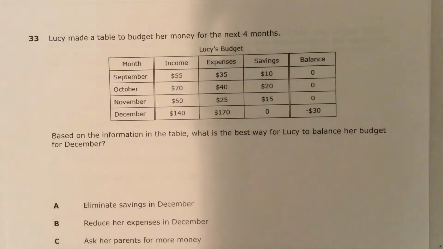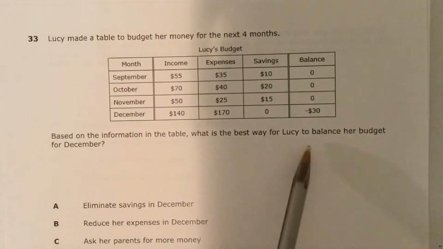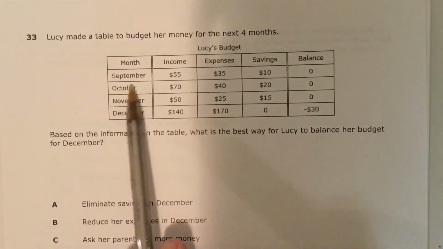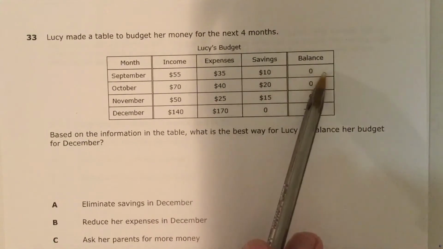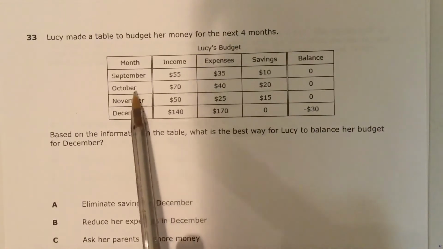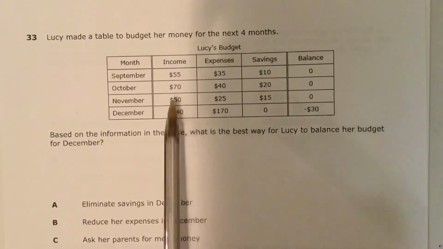All right, so it says Lucy made a table to budget her money for the next 4 months. Based on the information in the table, what's the best way for Lucy to balance her budget for December? All right, first, September, we've got her income, expenses, savings, balance is 0. Okay, October, 70 income, 40 expenses, 20 for savings.